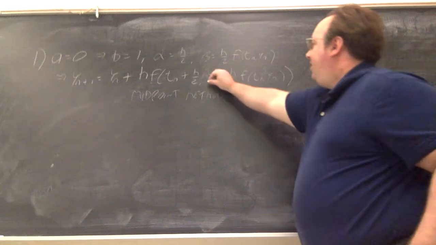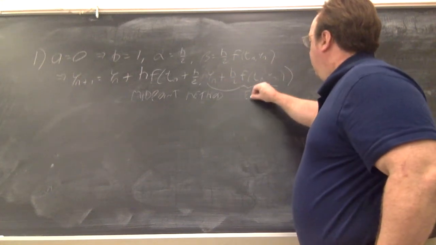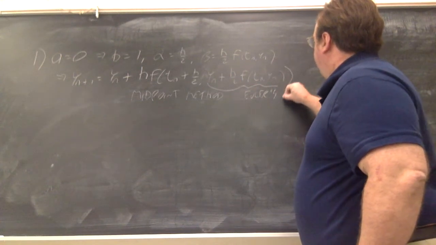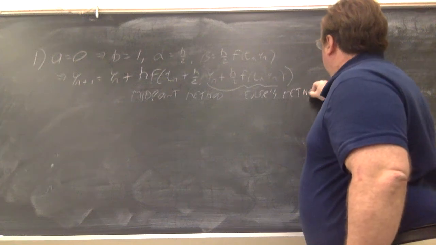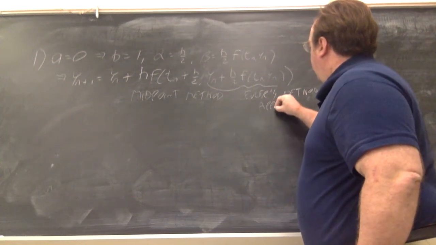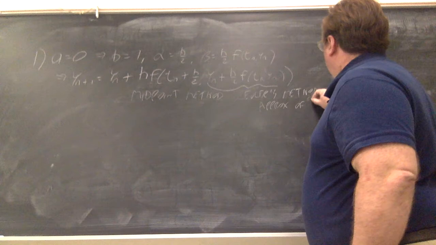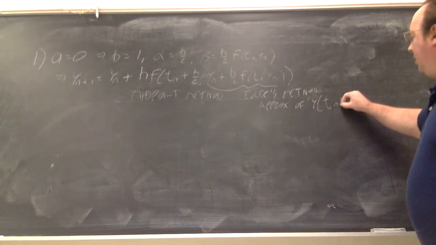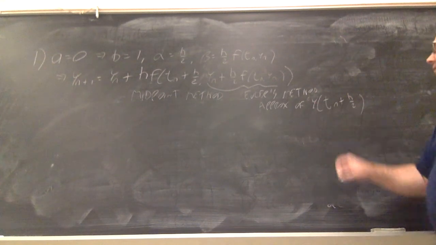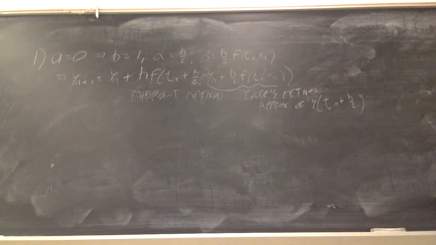And then this is actually the Euler's method approximation of y at that midpoint. So you can think of that as like we're evaluating f at t n plus a half, and then y n plus a half. We're just approximating it this way. Okay, but yeah, it's reminiscent of the midpoint rule for numerical integration.